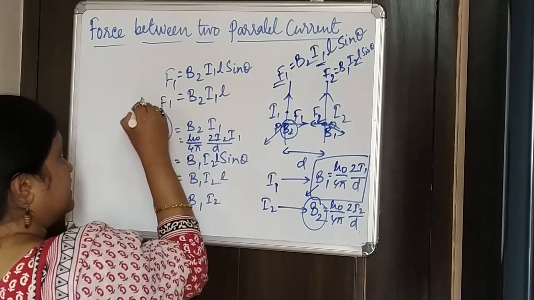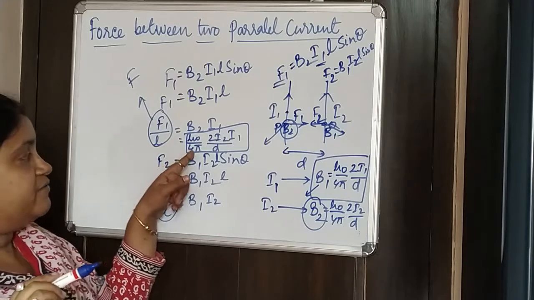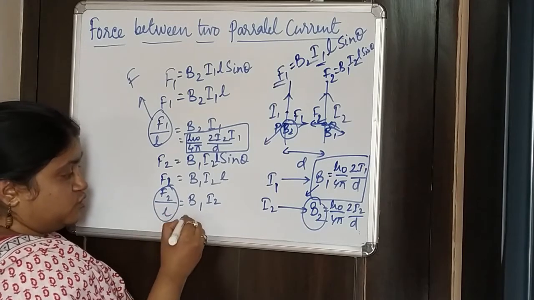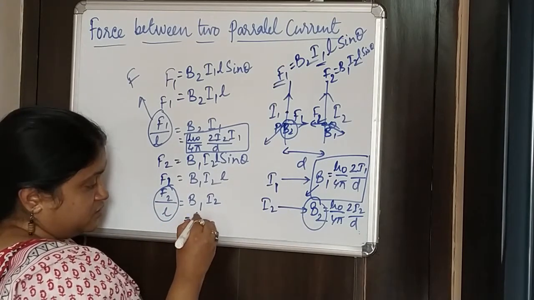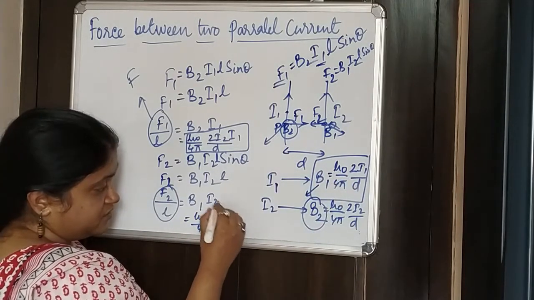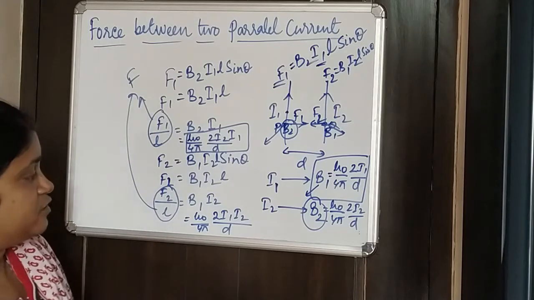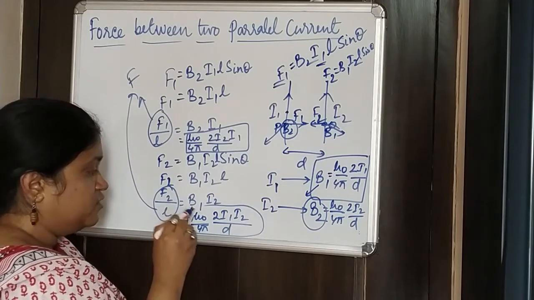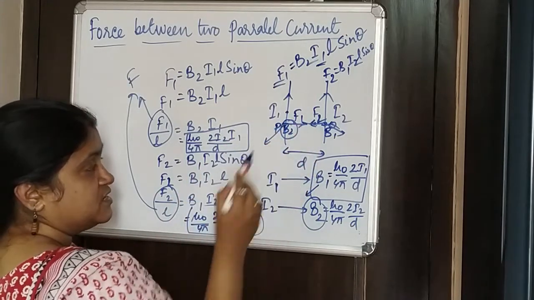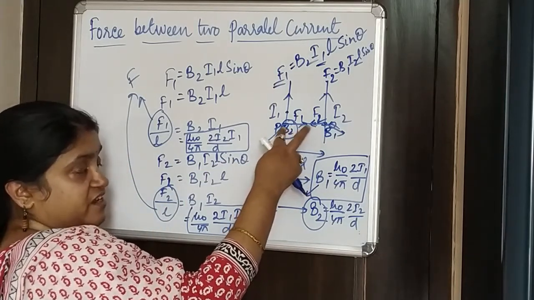So the force per unit length, which we take as capital F, is mu naught by 4 pi into 2 I1 I2 by D. In the other case also, if we substitute B1, we get mu naught by 4 pi into 2 I1, and this I2, by D. So this is the same as the other force, mu naught by 4 pi into 2 I1 I2 by D. It means these two wires attract each other with equal force.